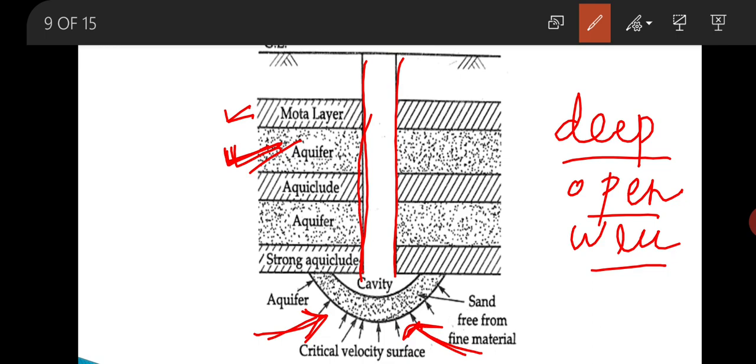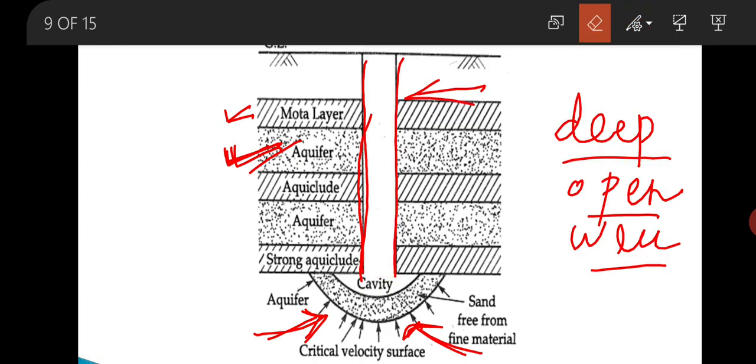So, this cavity type tubewell consists of a pipe, this one is your pipe, which is bored through the soil and resting on the bottom of a strong clay layer. Okay, so this is resting on the bottom of the strong clay layer.